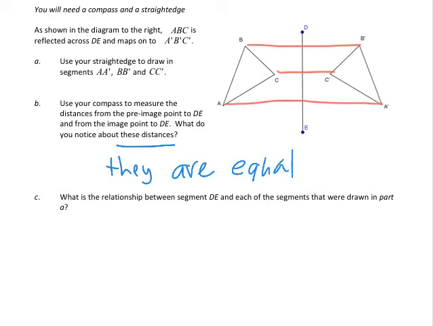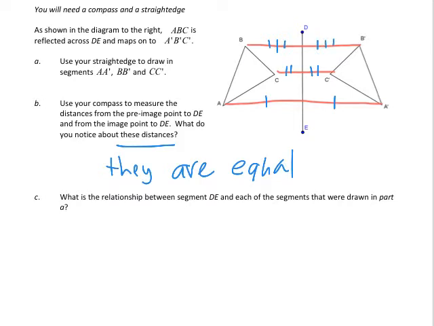I'm talking about the distance from A, the pre-image, to the line of reflection, and the image to the line of reflection. They are all equal. So I can put these markings in here to denote that the two sides are the same measure.